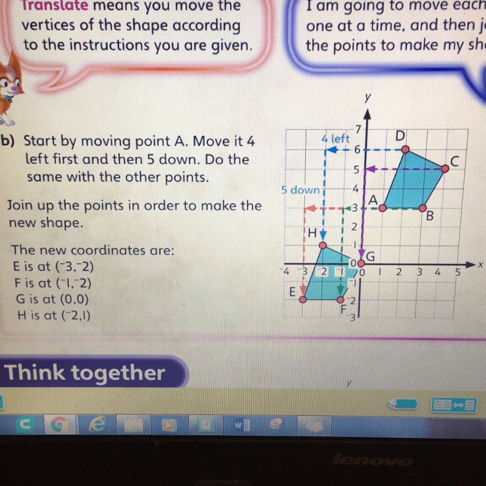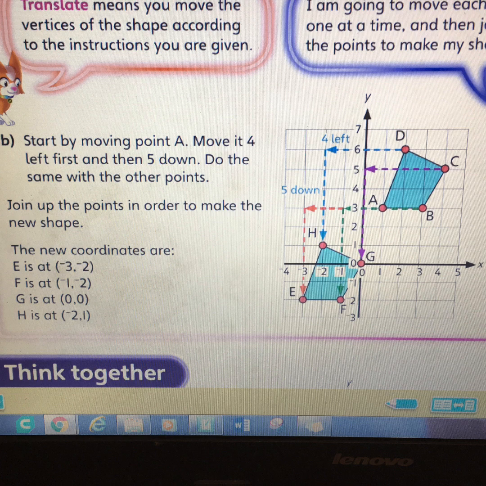And for B then, we needed to move the whole shape 4 left and 5 down. So again, I would do this one point at a time. If you start at point A, 4 squares along to the left, and then 5 down. You should also be able to see that if the x coordinate started as 1, 1 take away 4 would be -3, which is the x coordinate of our new point for point A, or E as it's labelled on the diagram.